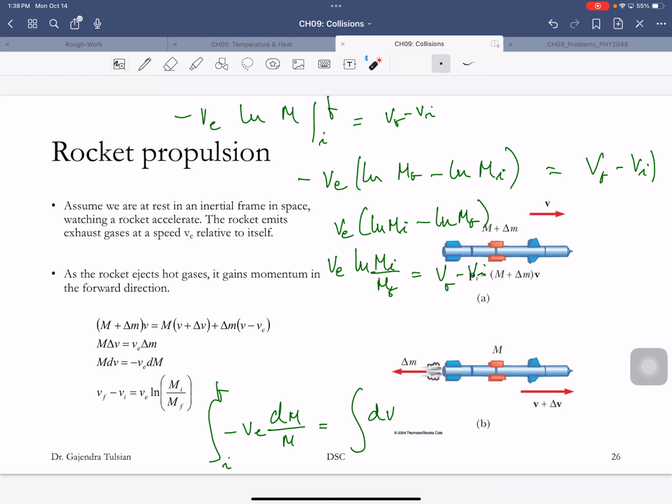Generally, we launch rockets from the ground, so we'll account for that in a second. For instance, to orbit Earth in lower orbits, you need a speed of 8 kilometers a second. Initial velocity will be 0, that will be the final velocity. Now we'll put in a term that accounts for gravity in a second.